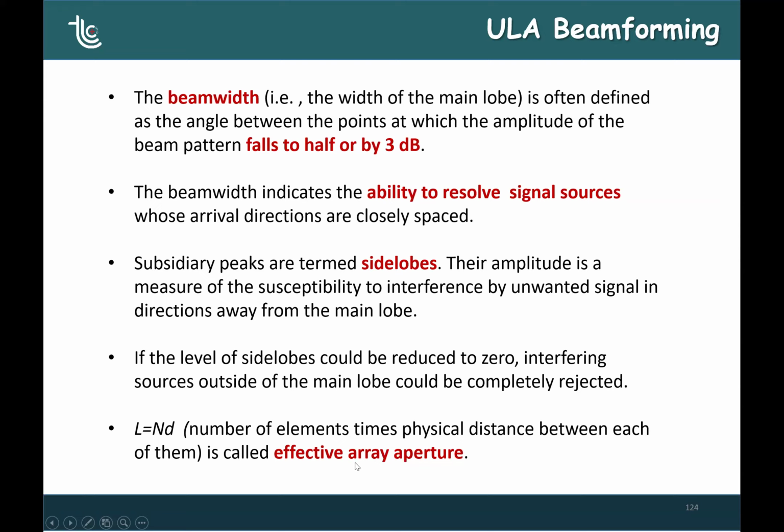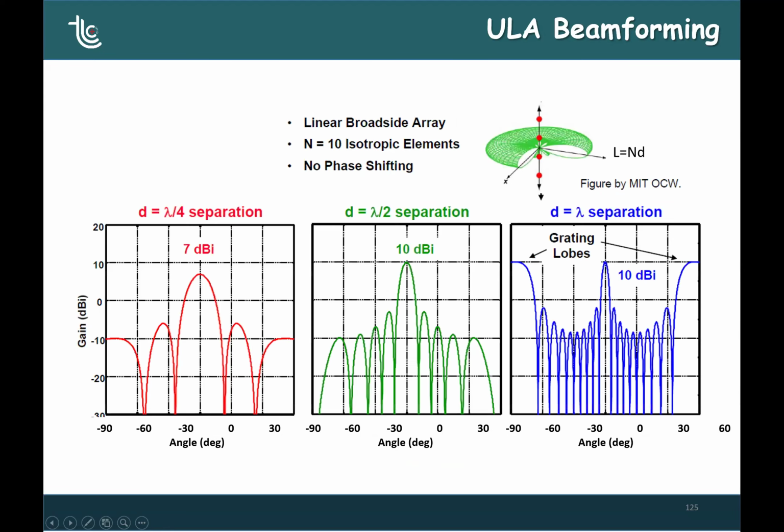Now the effective array aperture of the antenna is defined as the product between N, the number of elements of the antenna, and d, the distance between the elements of the antenna. Now let's see what happens.